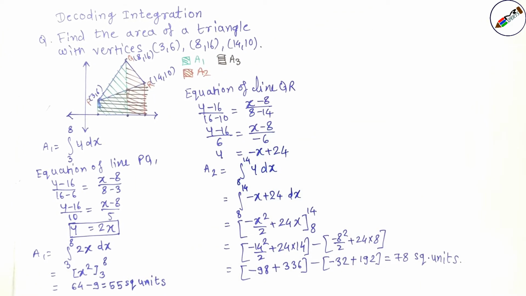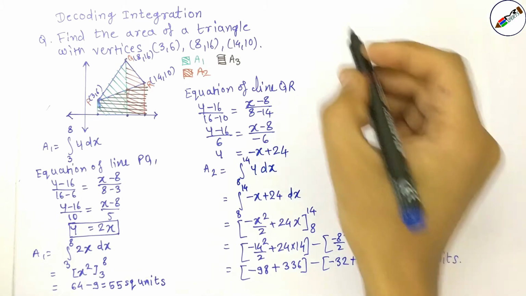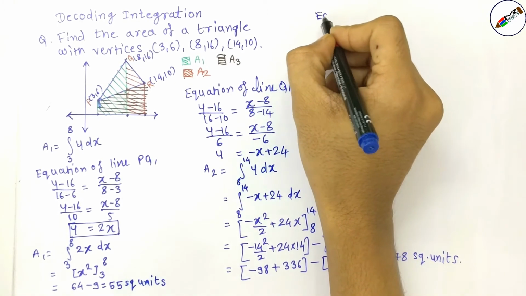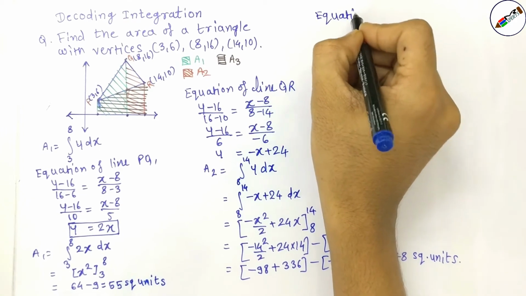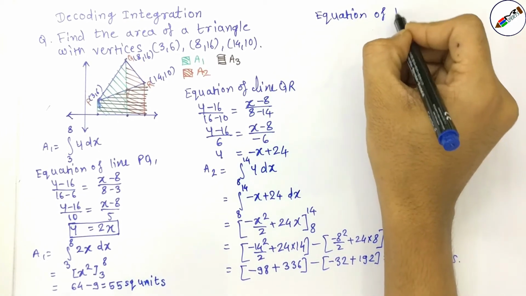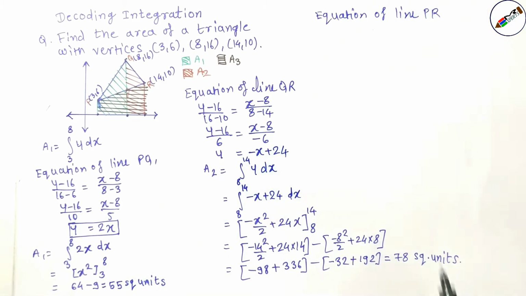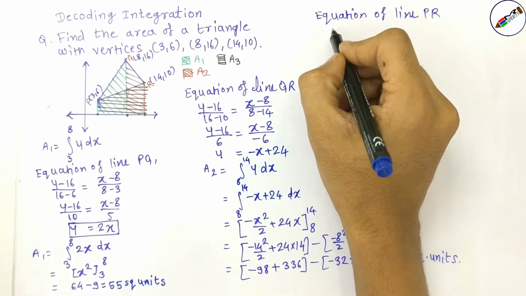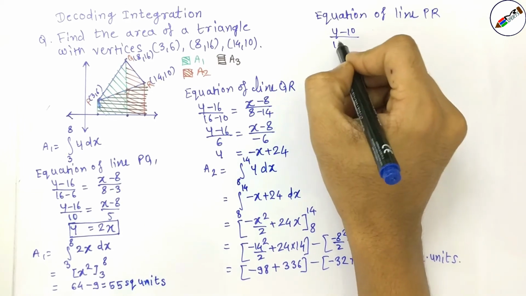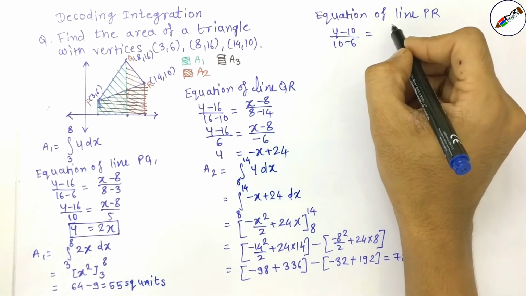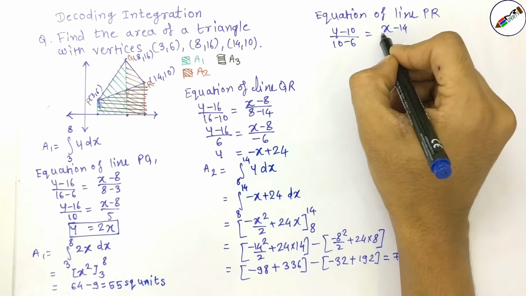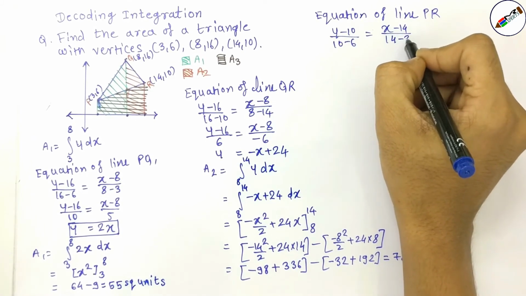Now, we need to calculate area A3. But for that, we need to find the equation of line segment PR as well. So, equation of line PR. That will also be calculated using 2-point form. So, that will be (y minus 10) upon (10 minus 6) equals (x minus 14) upon (14 minus 3).